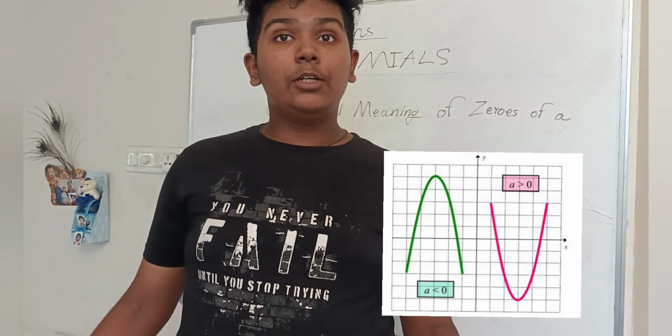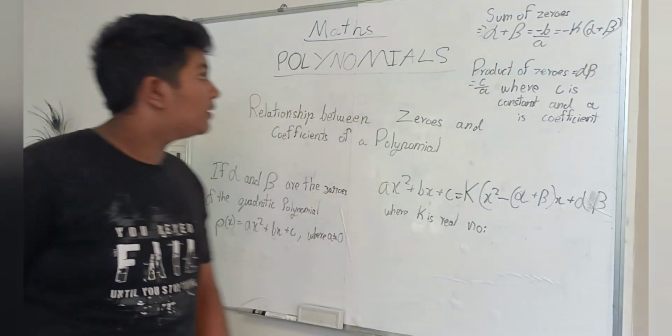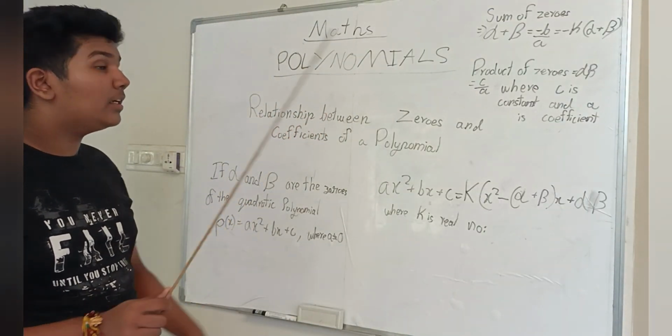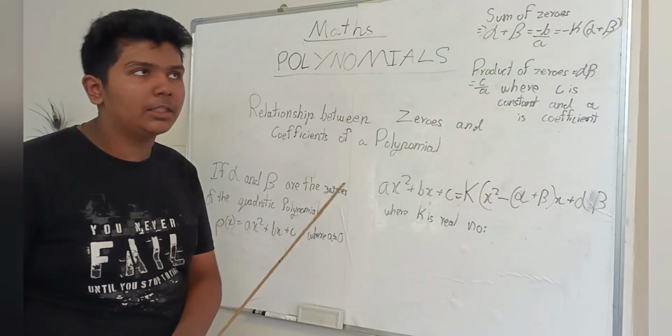Okay. Now we'll do the next one, that is relationship between zeros and coefficient of a polynomial.